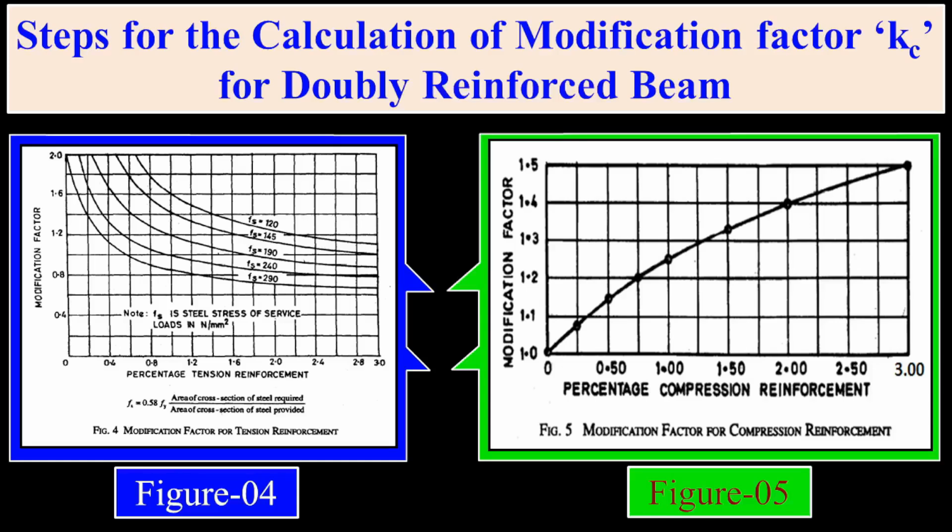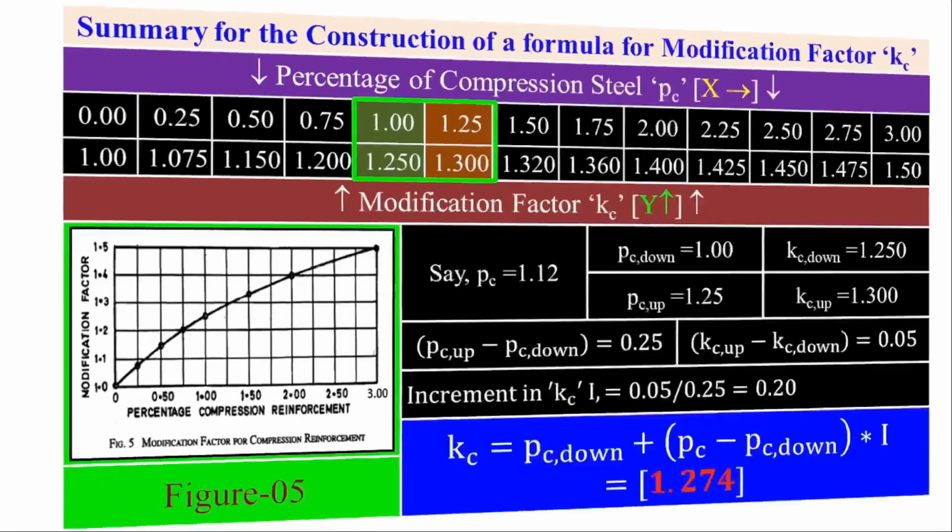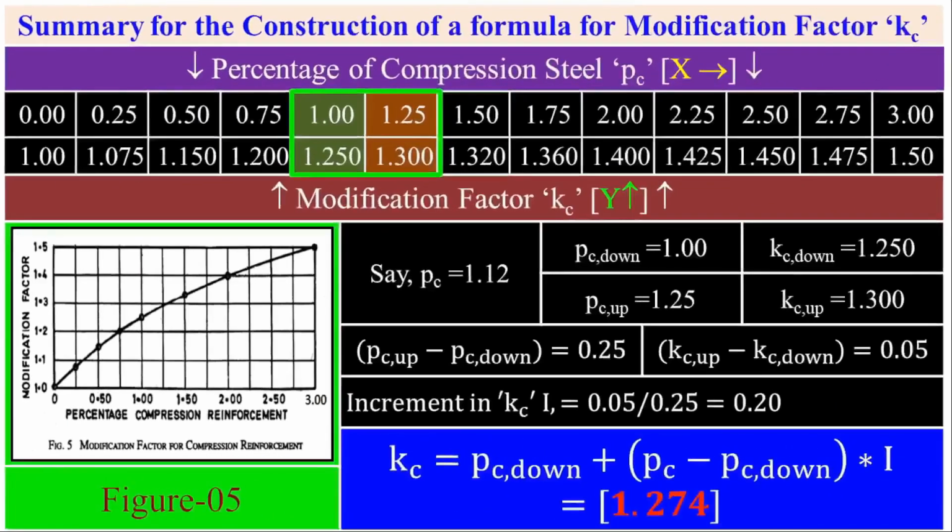Now, the crucial question is, how can we find the value of KC in our Excel sheet automatically? To achieve this, I initially considered developing a complex formula by reverse engineering the curve with the help of Gemini AI, as usual.